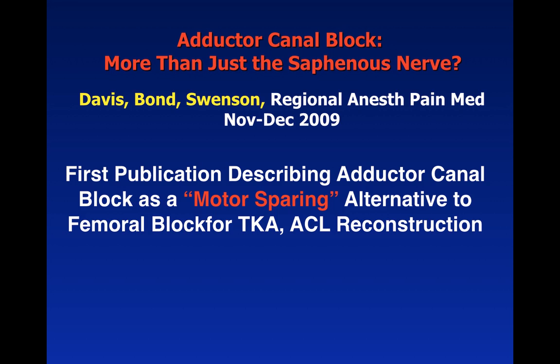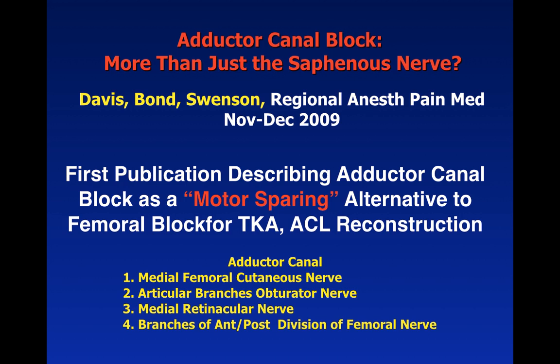In our 2009 report, we detailed a number of other nerves present in this compartment that explain why the sensory changes associated with this block are much more extensive than only the saphenous nerve. These include the medial femoral cutaneous nerve, articular branches of the obturator nerve, the medial retinacular nerve, as well as anterior and posterior branches of the femoral nerve.